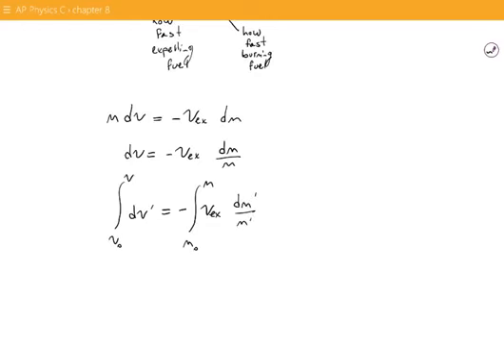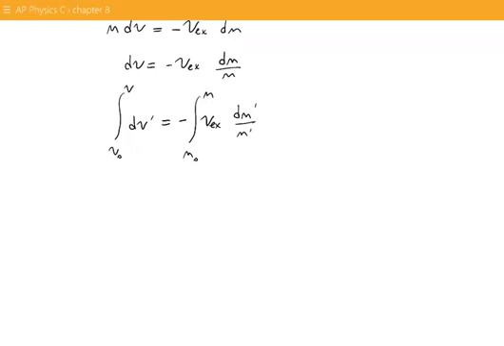So again, the primes are just there to differentiate between the variable we were using in the derivation and this variable m that we're going to use to represent our final mass. And when we integrate both sides, we're going to get, in this case, v minus v naught equals negative velocity of the exhaust, and this is the natural log of m evaluated from m naught to m.